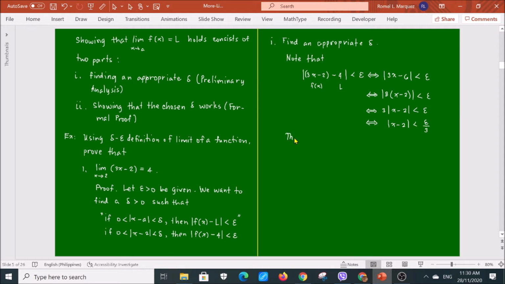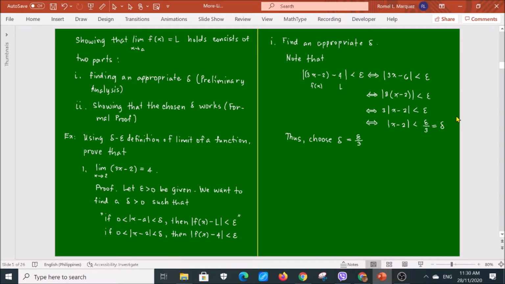Thus, we can choose delta to be equal to epsilon over 3. Remember, we have x minus a is less than delta. So this is our delta. Okay?